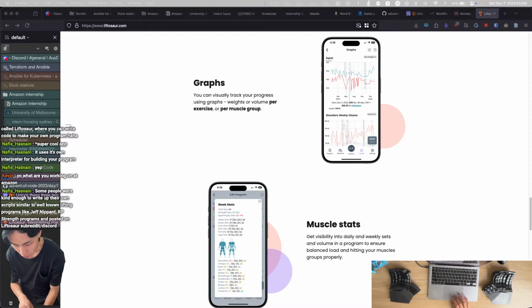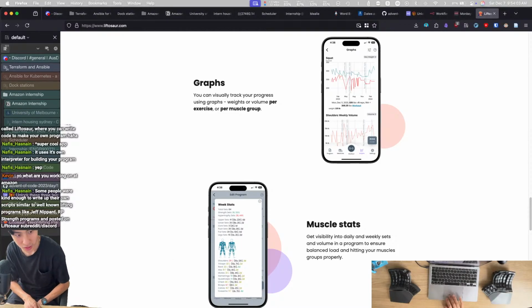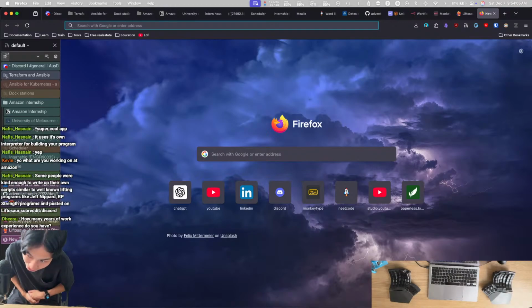How many years of work experience do you have? That's a good question. Back in 2021 was when I first started. So it's not long. It's like 3 years.